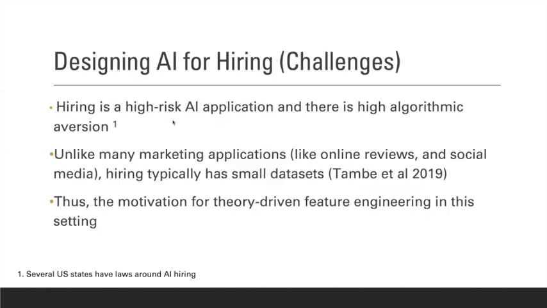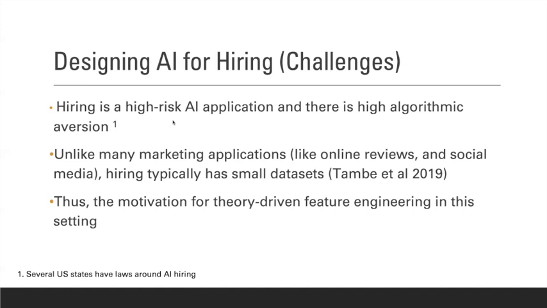Now, there are two interesting features of this particular setting, which motivate our choice for the multimodal model that we use. One, hiring is a high risk AI application. There's a lot of algorithmic aversion. Several US states and countries in Europe have laws around AI hiring.